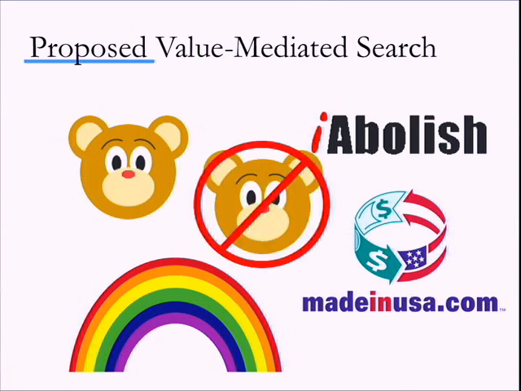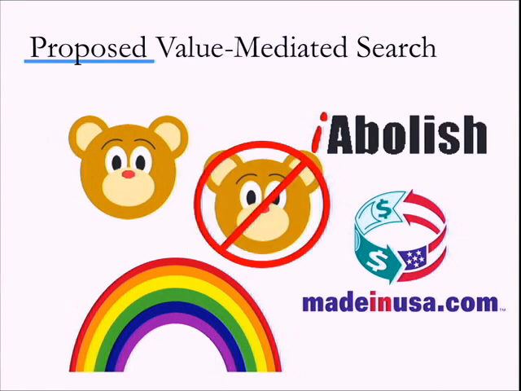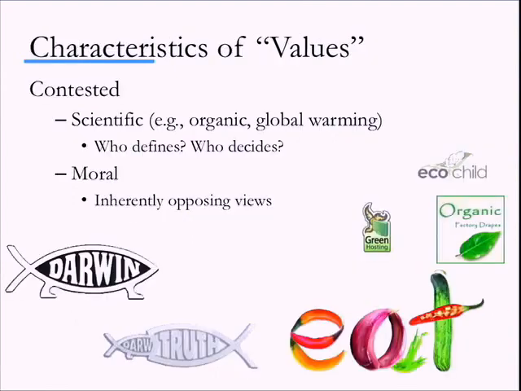So you may have quite contesting definitions in many of these cases. Some people would say, you know, made in USA, that's exactly where I want to go. Other people embrace globalization. And there are also situations where you may not want to share your values. Okay, some values, I mean, look, organic, that should be easy, right?